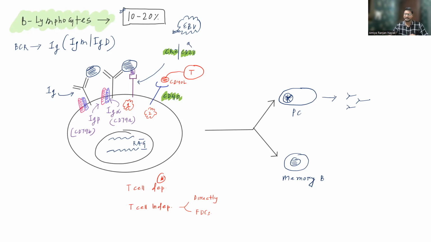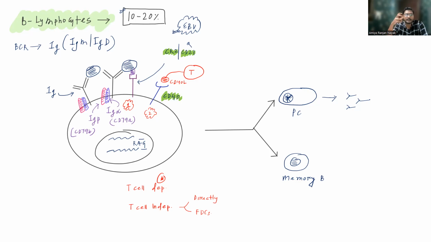Okay, so I'll just revise it again. The B cell receptor complex includes the immunoglobulin molecule along with the associated proteins. Immunoglobulin can be IgM or IgD. Associated proteins are immunoglobulin alpha and beta, otherwise known as CD79A and CD79B. The co-receptors include the complement receptor, known as CR2 or CD21, which is also a receptor for Epstein-Barr virus. Another co-receptor is CD40.